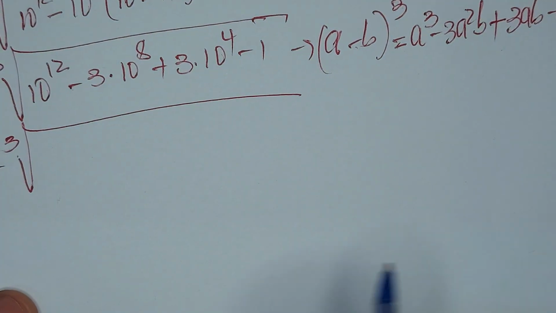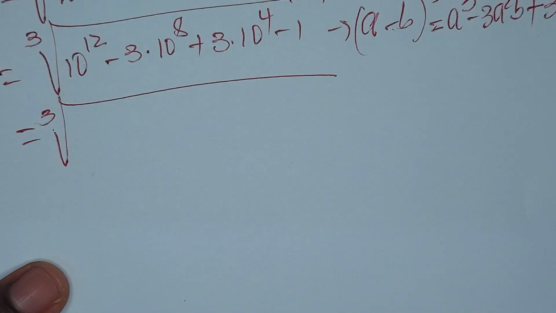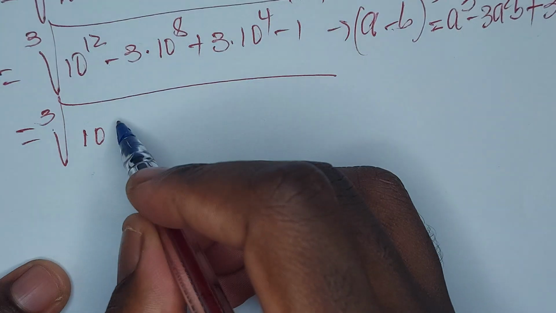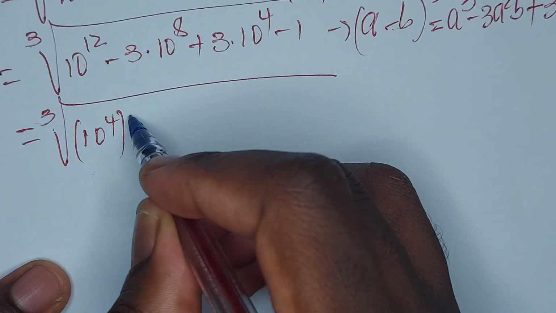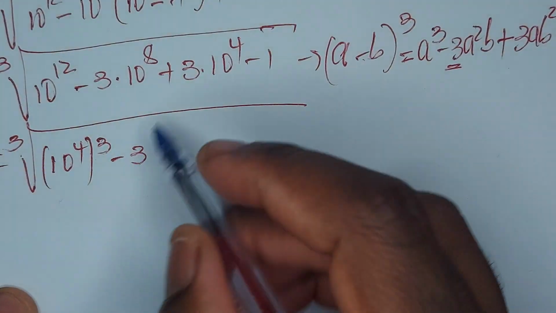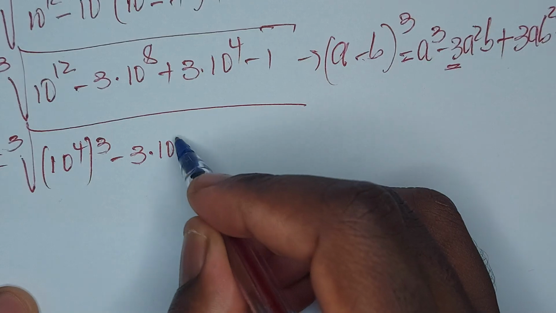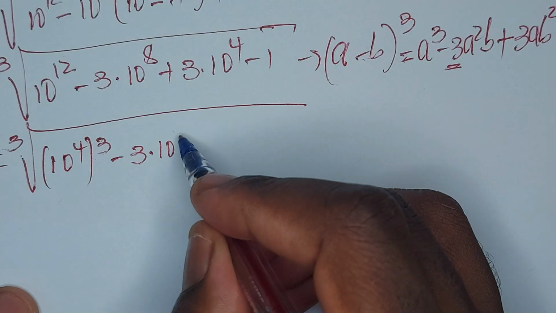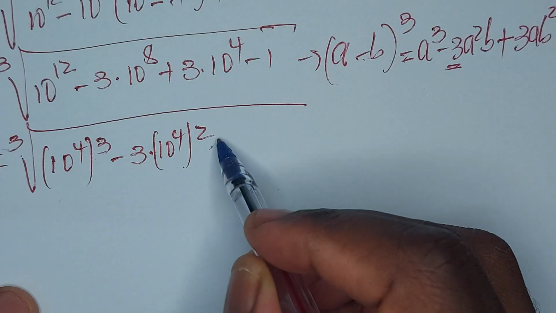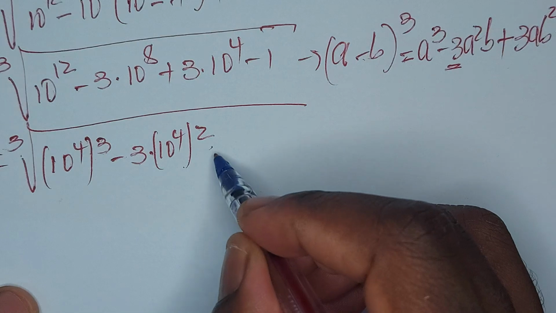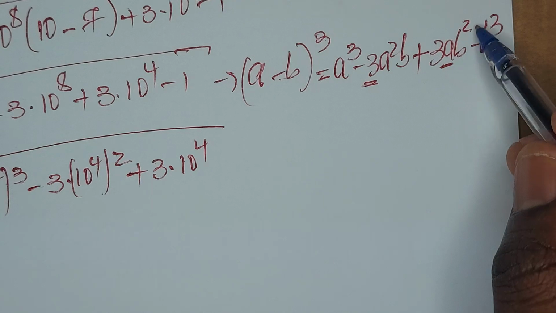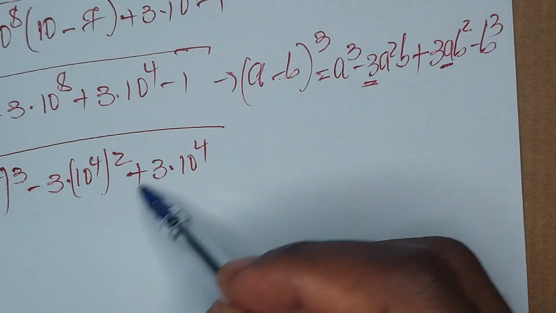So guys, now from here, what we can see is that 10 to the power of 12, I can write as 10 to the power of 4 to the power of 3. This one here, minus 3, is this 3 here. This is 3 times 10 to the power of 4 squared, which is 10 to the power of 8, times minus 1. We have already negative here, so it's okay. And then plus 3 times 10 to the power of 4, times b squared. It's negative 1 squared, so it's positive.